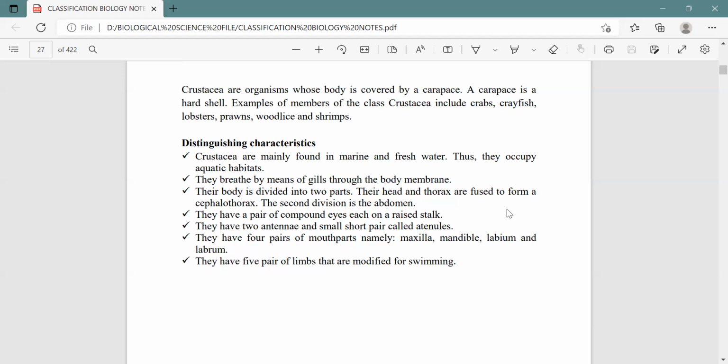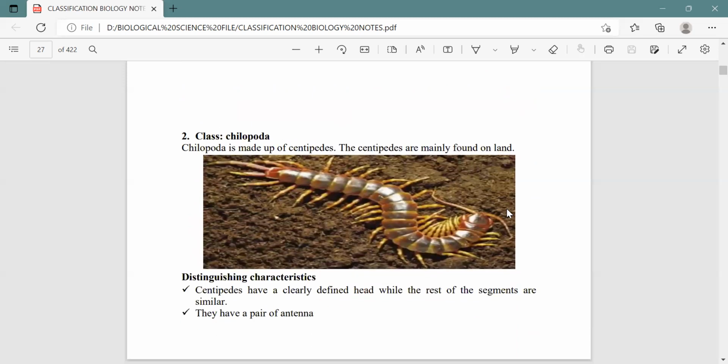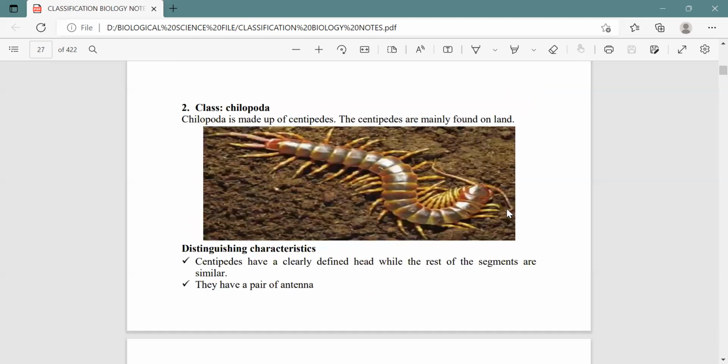They have 4 pairs of mouth parts: the maxilla, the mandible, labium, and labrum. They have 5 pairs of limbs, which are modified for swimming. Remember, I told you they live in marine and freshwater.